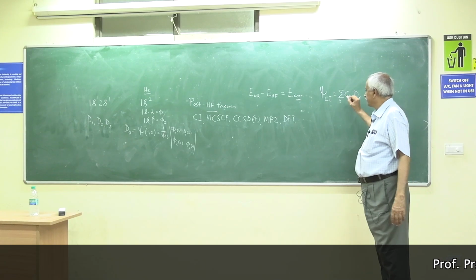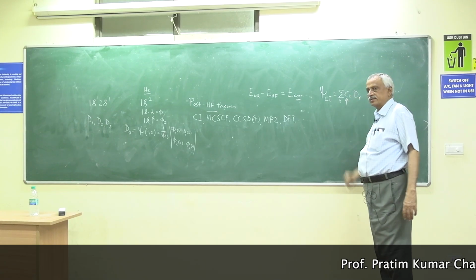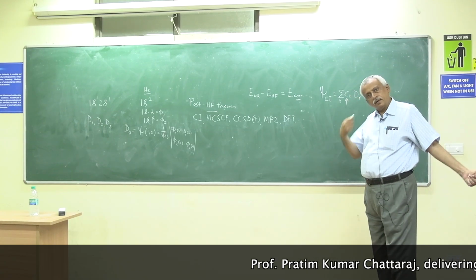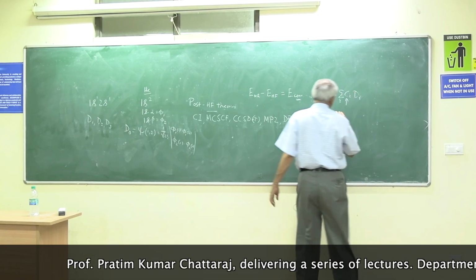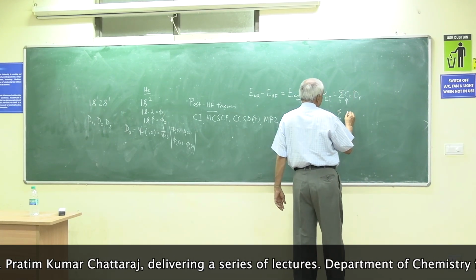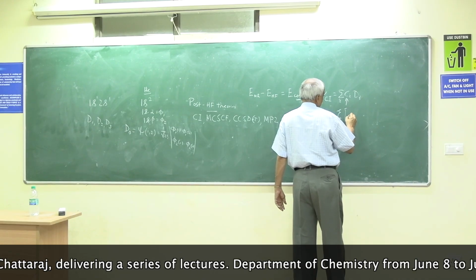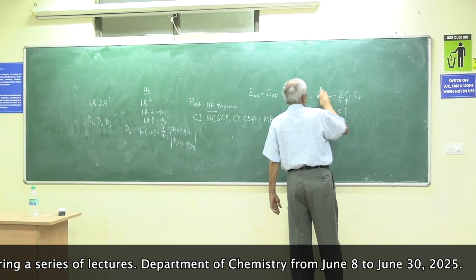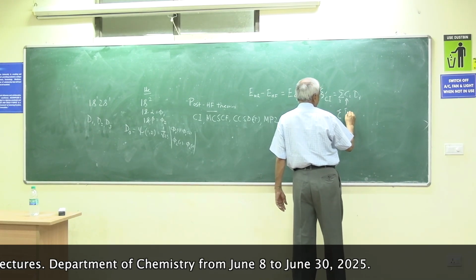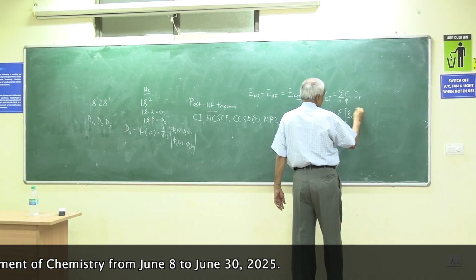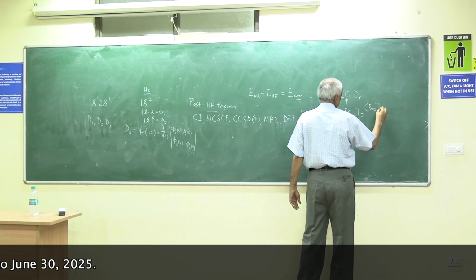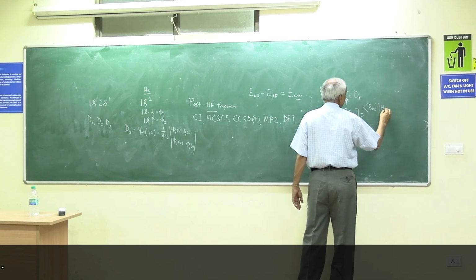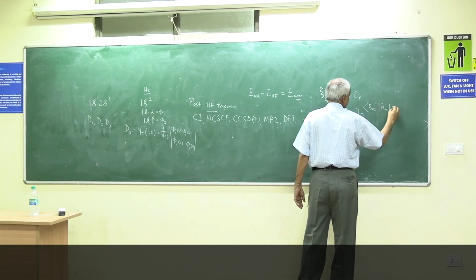Once I have this, which one would be the best? That also I have learnt, the variational principle. So I construct E of Ci, which should be the expectation value of the typical electronic Hamiltonian.